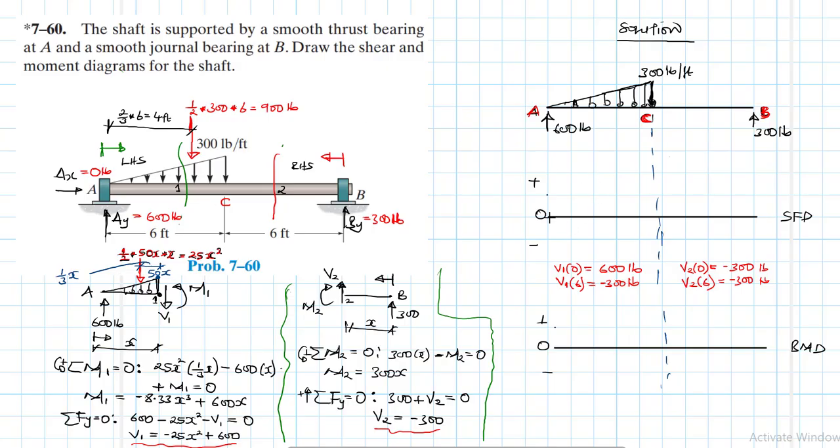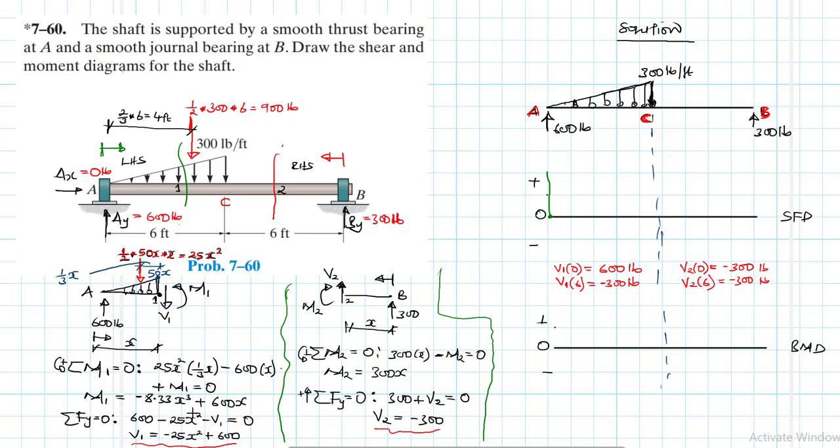So let's do the plotting. I'm going to use green. So we start from A, moving towards C. At X equal to 0, we have 600. Let's imagine 600 is coming up to there. And let's look at this polynomial.